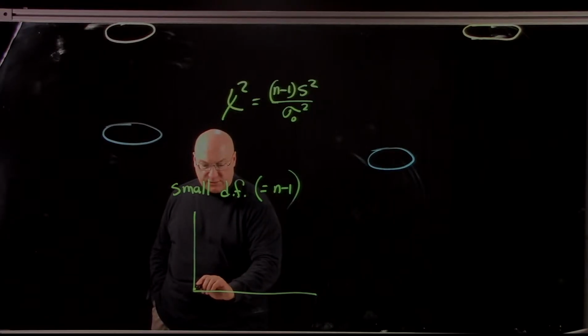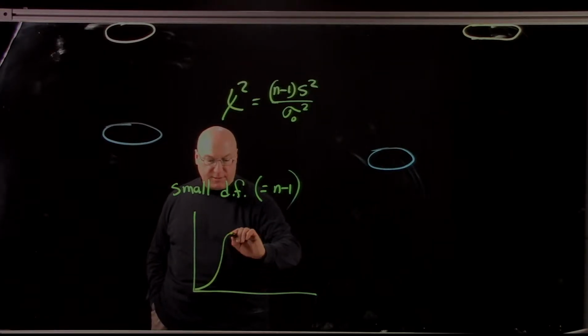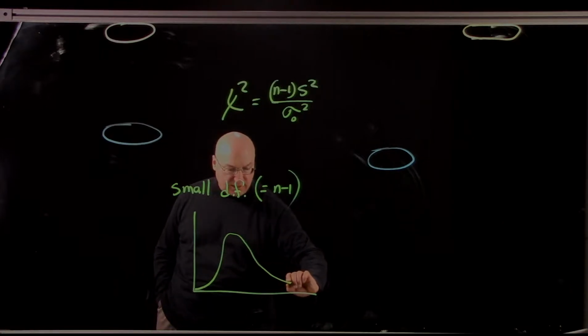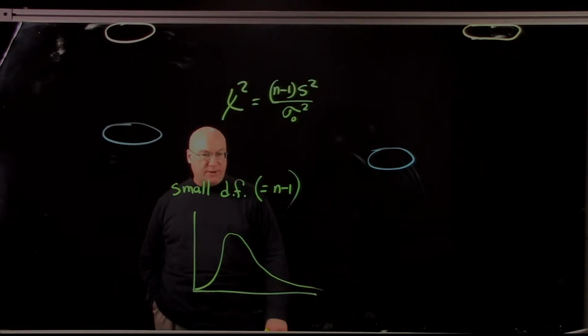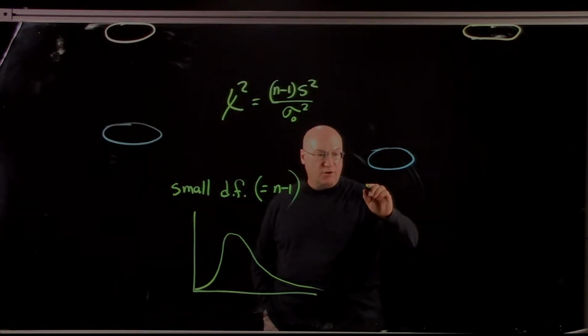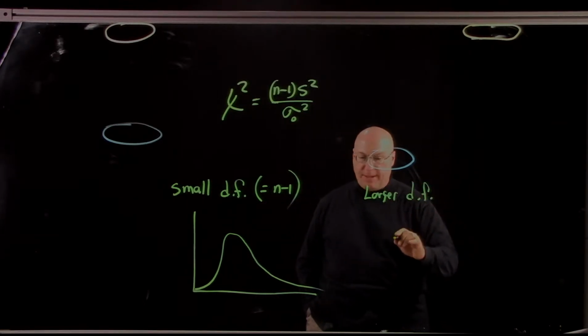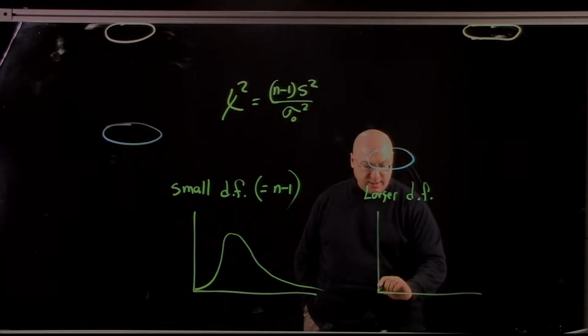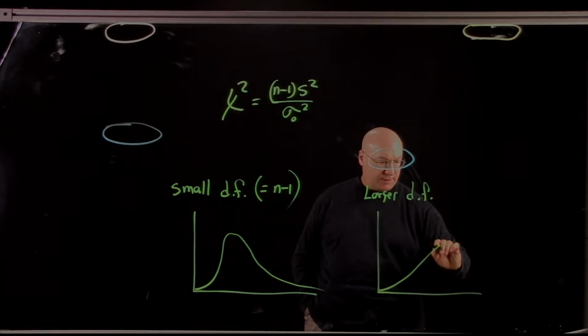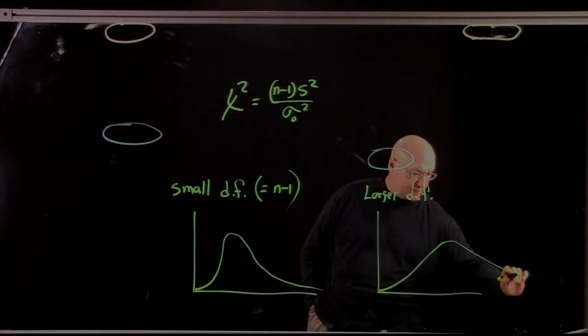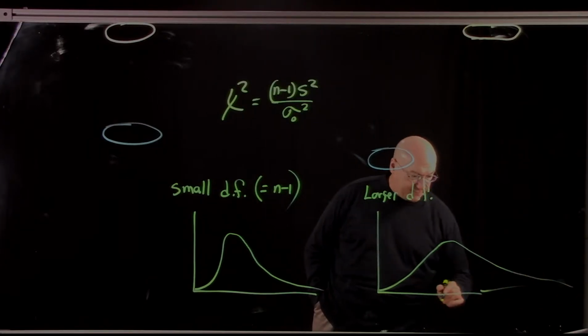It goes up pretty sharply here and then trails off kind of gradually. If I have larger degrees of freedom, well, it takes a little while to get to its height here, but then it still trails off more gradually, kind of off that way.